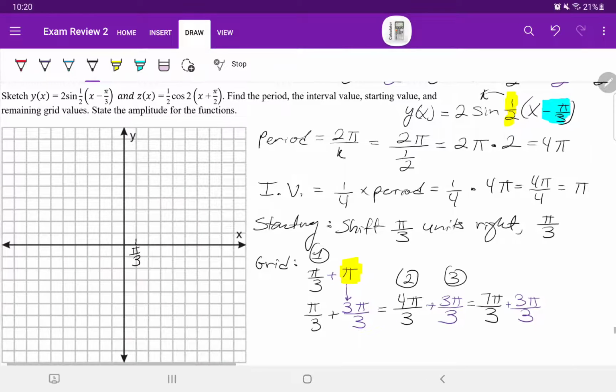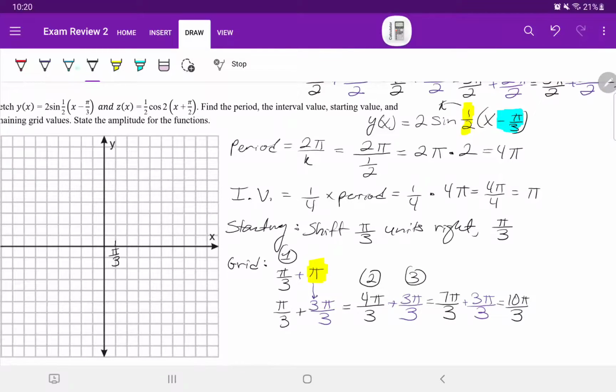We get 10 pi over 3. We're going to do that one more time. Add one more 3 pi over 3. And that's 13 pi over 3. So this is my third grid value. That is my fourth grid value. That is my fifth grid value.